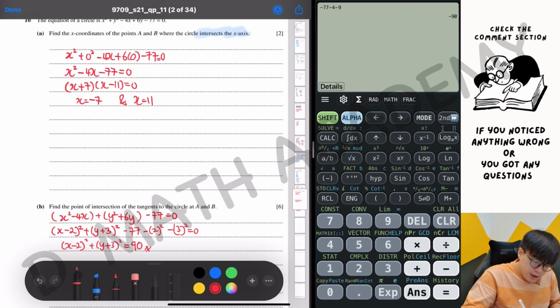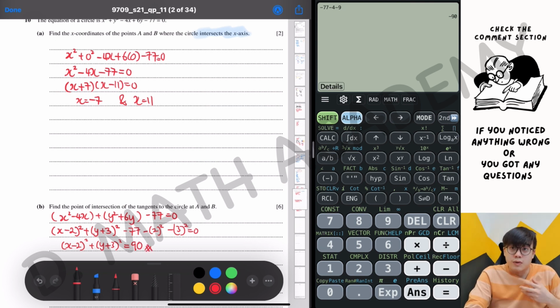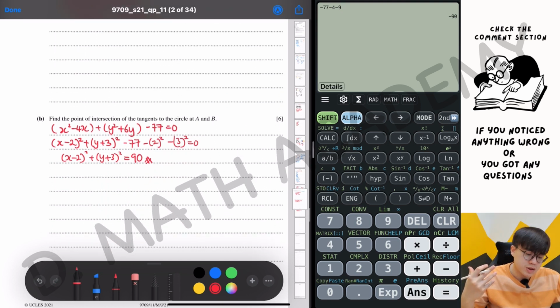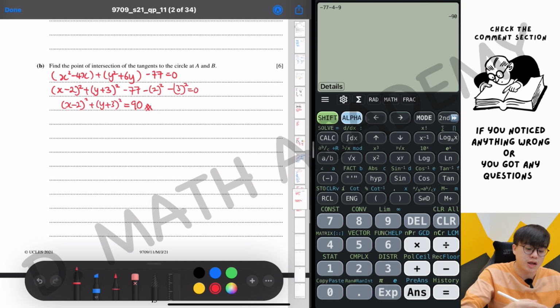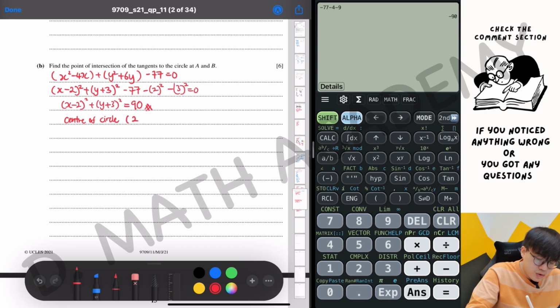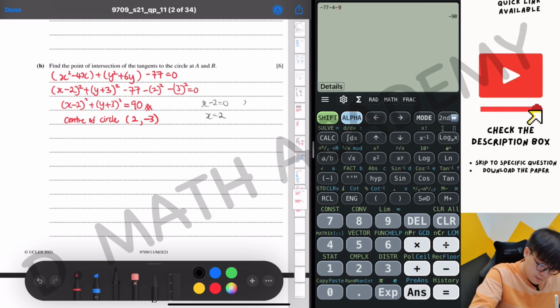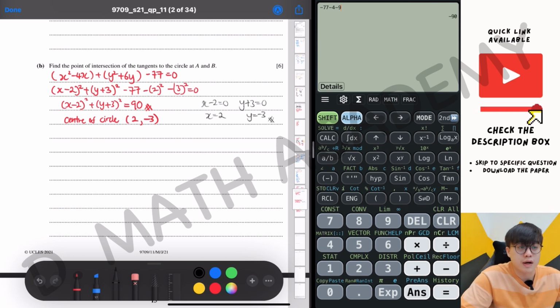So when I shift away the 90, it becomes positive. So this is how we get the equation at first. And then they wanted us to calculate the tangent here. So from this, I know the center of the circle is actually 2 and negative 3. You get it by running this calculation at the side. Okay, this is how you get it done.